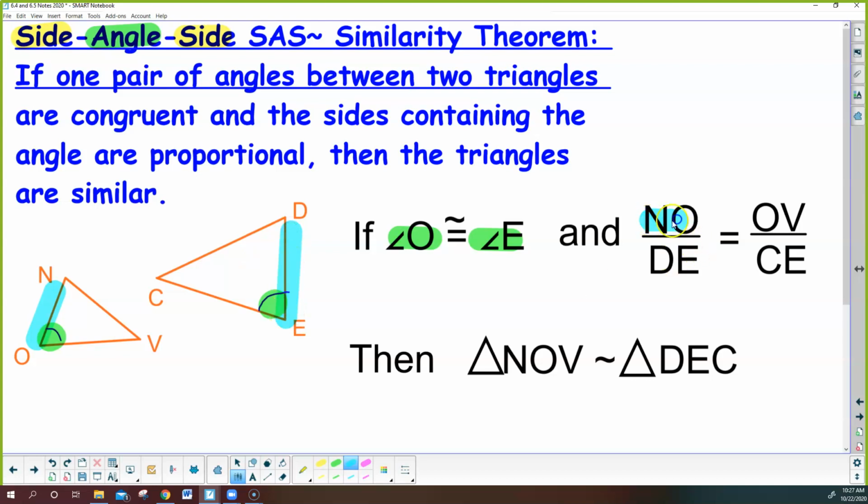So I'm going to compare small side over small side, and that ratio has to equal the big side or the longer side to the longer side. And notice it's the angle in between them. So I'm not doing anything with the side length across from this angle. If these two ratios are the same and the angles are the same, that's enough for us to conclude the triangles are similar.